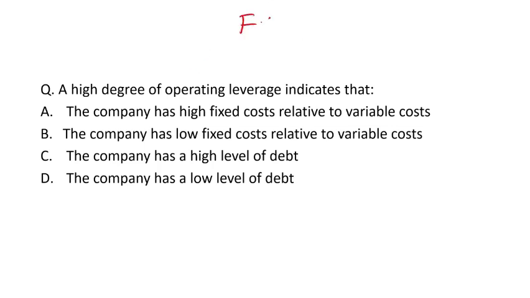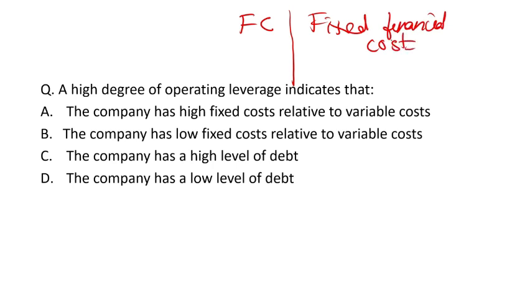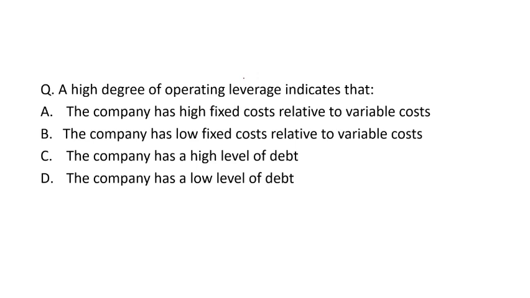There are two types of cost observed in the leverage chapter. One is the fixed cost and another is the fixed financial cost. Okay, these are the two types of cost which are observed in the leverage chapter. So basically, the company who is using high fixed cost, we can say that the operating leverage of the company is high.